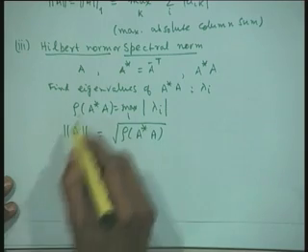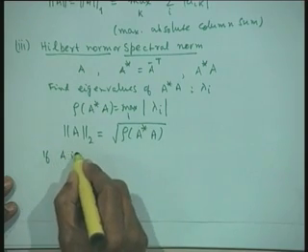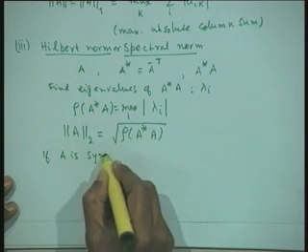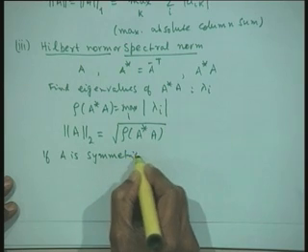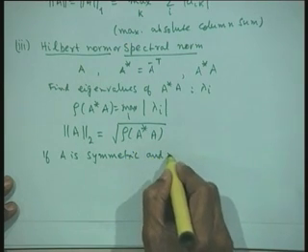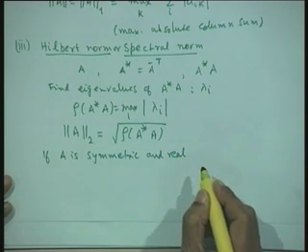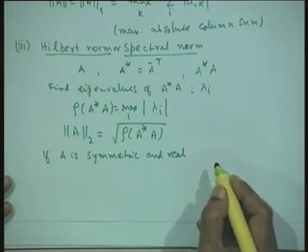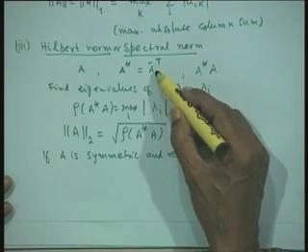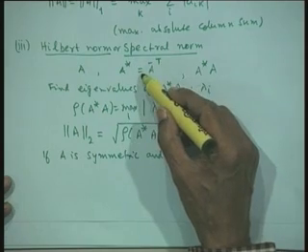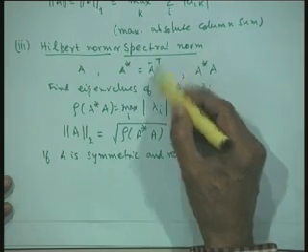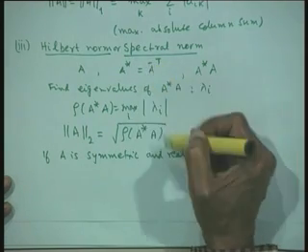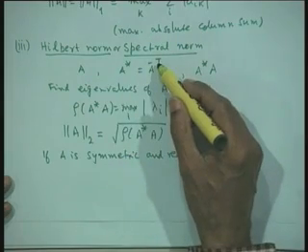Suppose A is symmetric, and let us also take it real. Then look at this definition: A star is the conjugate transpose, and since A is real and symmetric, A is equal to A transpose.